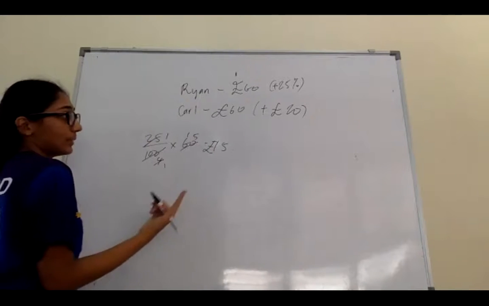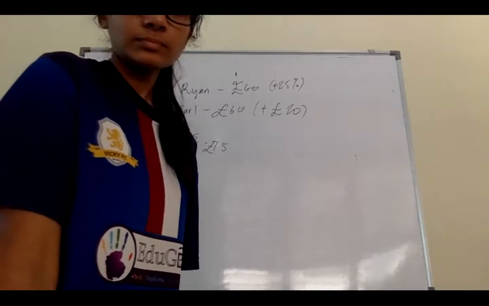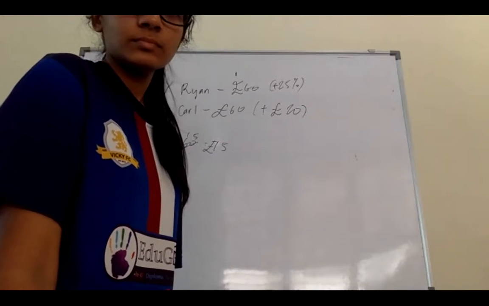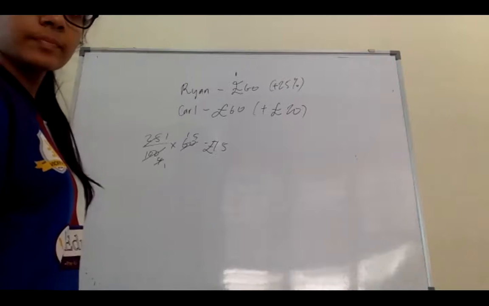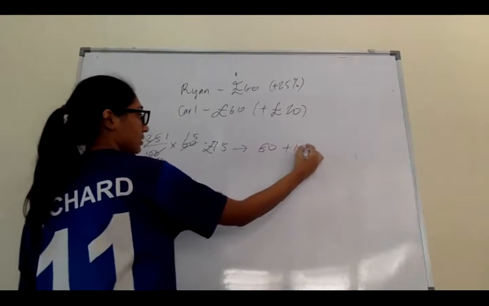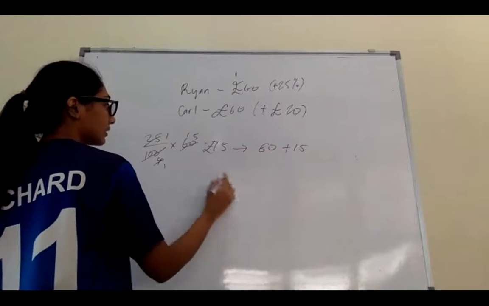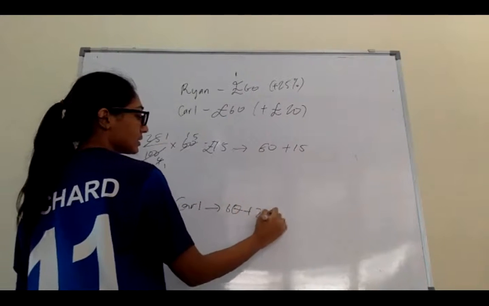Carl gets an extra 20 euros. So Ryan that day will get 60 plus 15, Carl will get 60 plus 20.